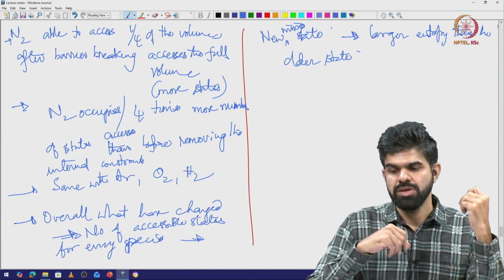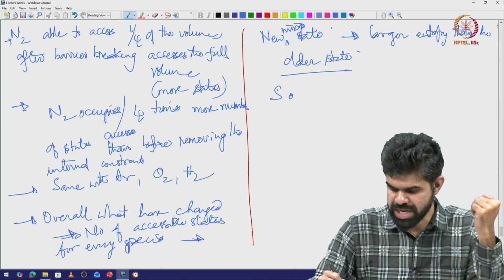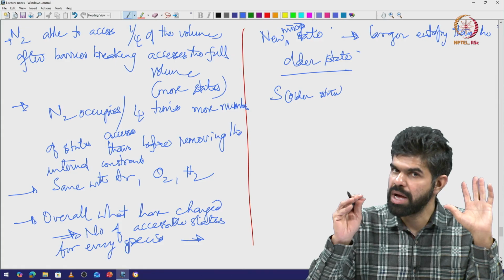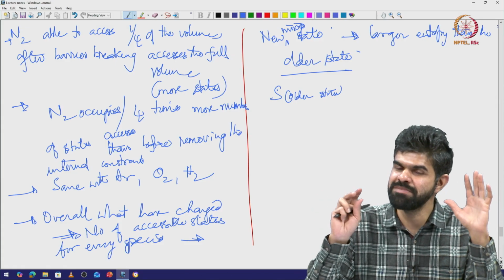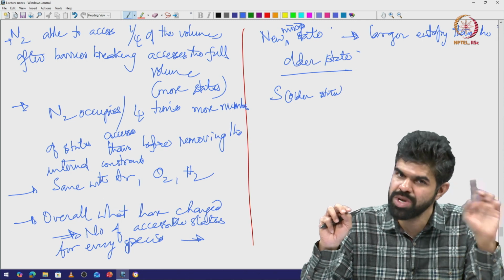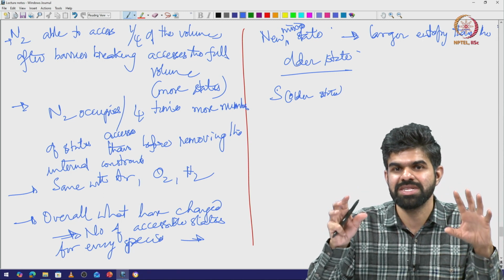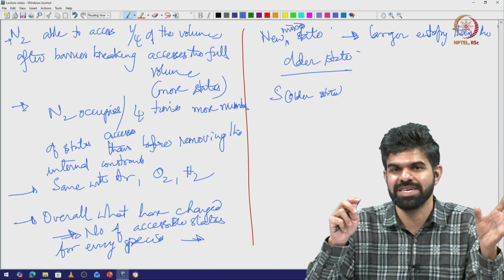So, what is the entropy of the older state, let us say. I do not know, by the time thermodynamics came, what entropy was. I knew entropy only after Boltzmann said it, but I know that some property called entropy is changing.